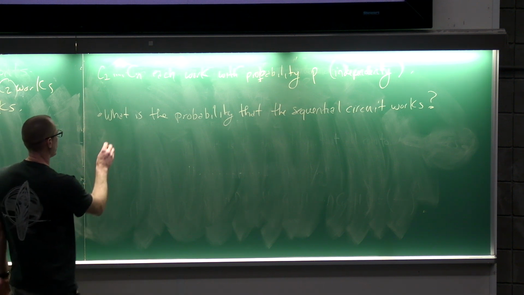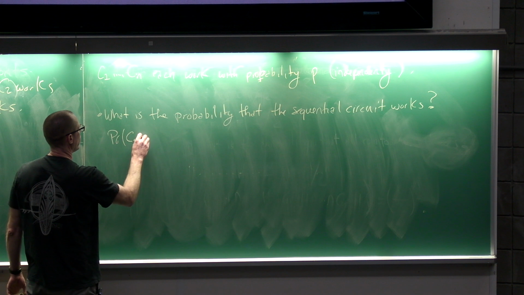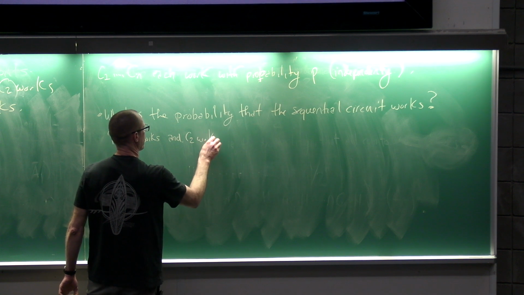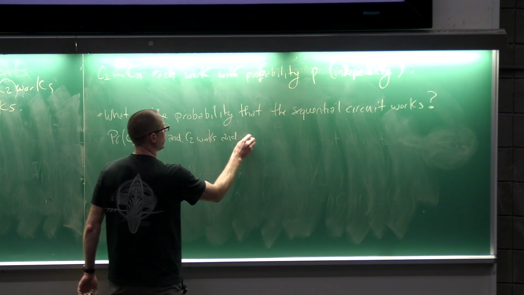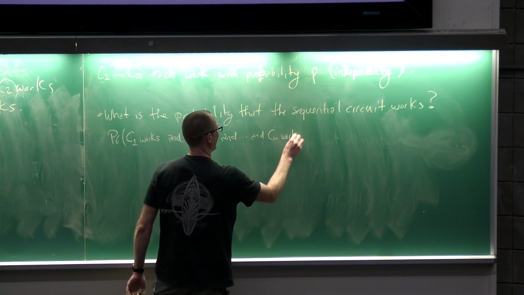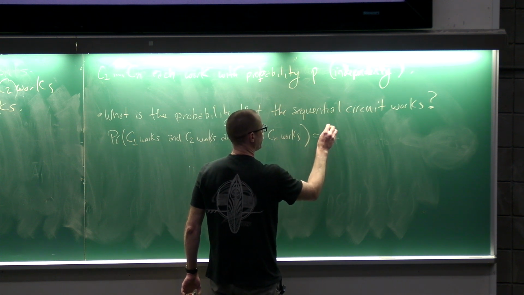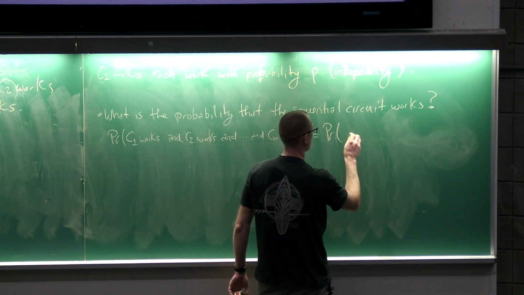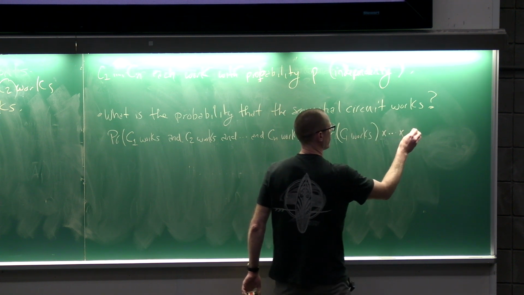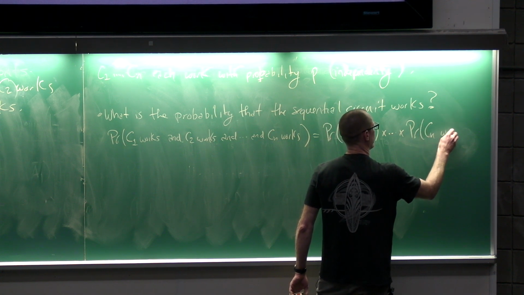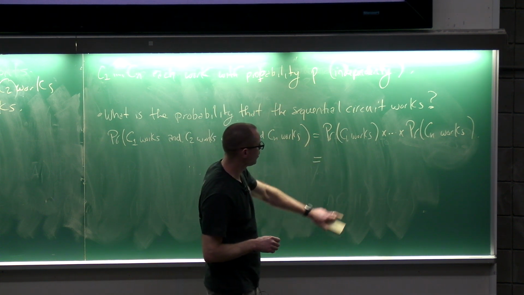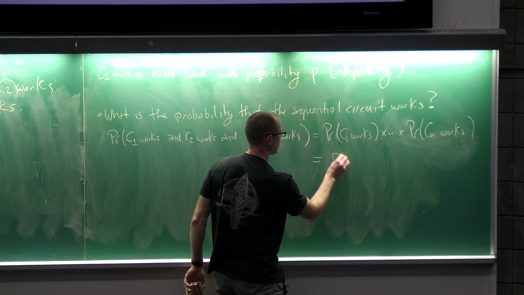Yeah. So that's just the probability C1 works and C2 works, and so on, Cn works, which is just equal to the product of those probabilities because they're supposed to be independent. This is P, the next one is P, the next one is P, and so on.